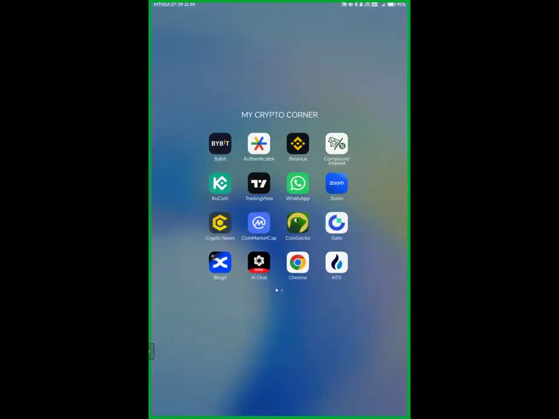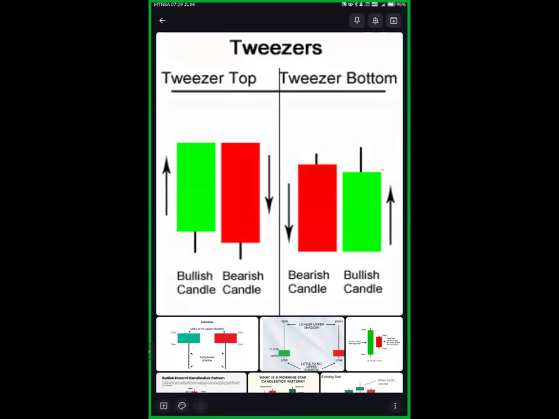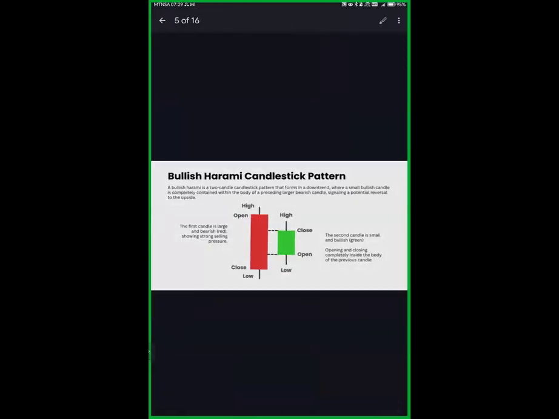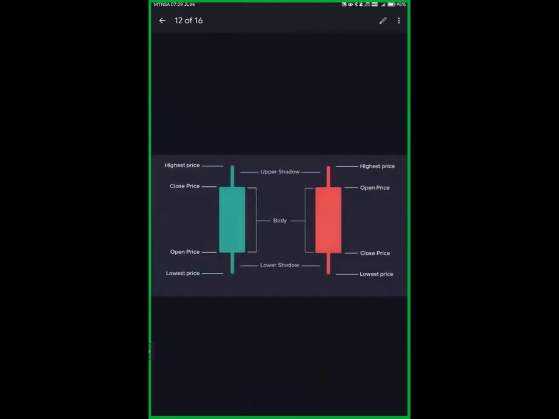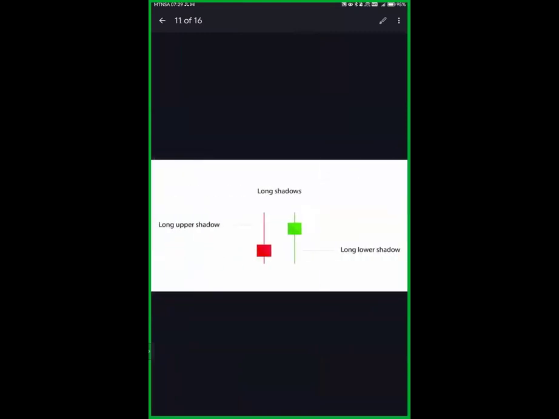Where was I? Let me bring my tools back. Okay, now, candlesticks with short shadows.